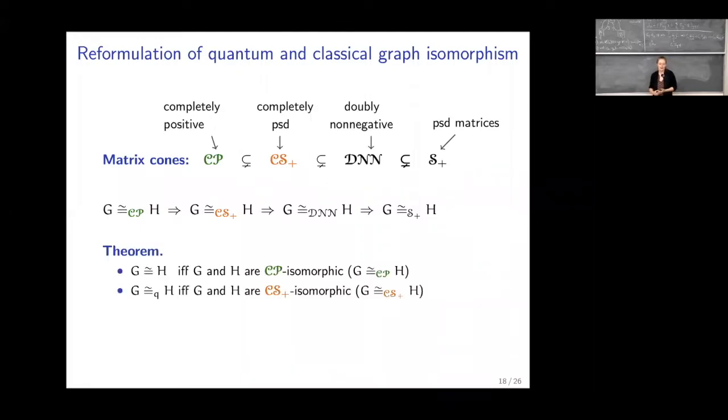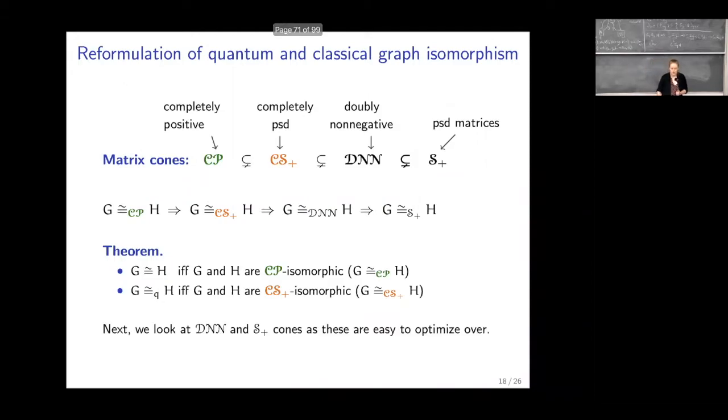The first thing that we can show is that quantum and just regular graph isomorphism can be seen as these conic isomorphisms for an appropriate choice of the cone. In the classical case, it's the completely positive cone. In the quantum case, it's this new cone, the completely positive semidefinite cone.